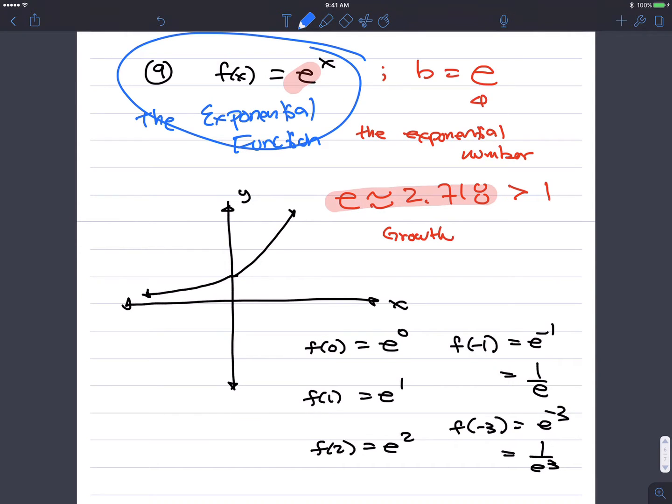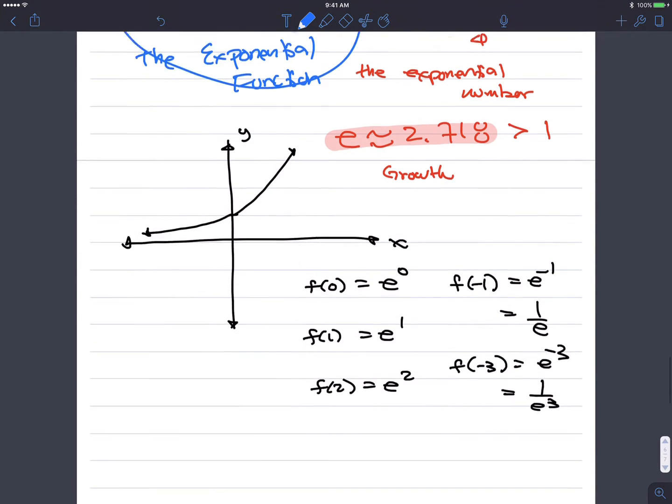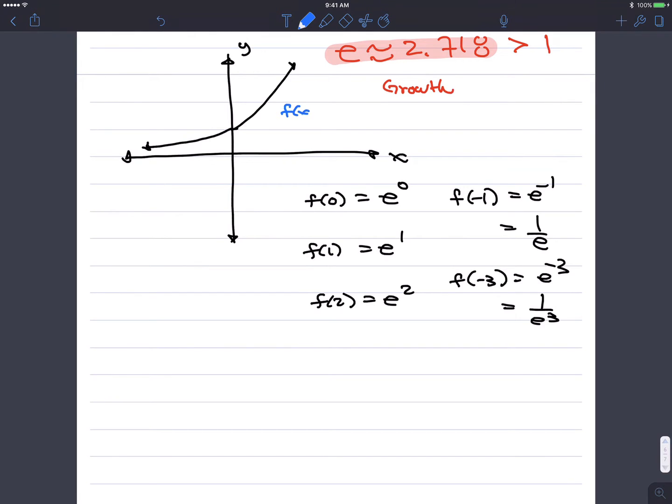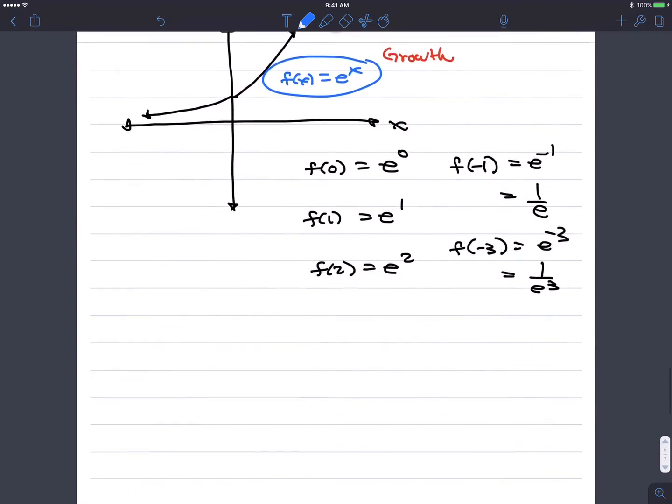All right, we got the exponential function. We got the graph though. This is the graph here of the exponential function, y equals e to the x. Now we're going to see where this comes from. You guys okay with that? You guys are going to have a good time today.